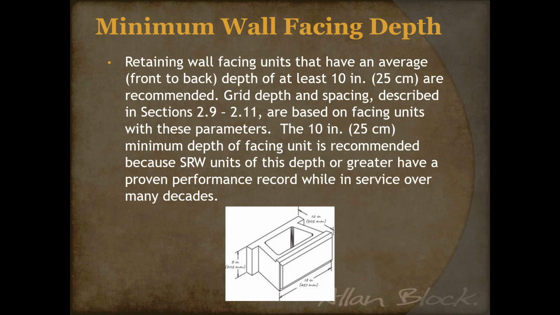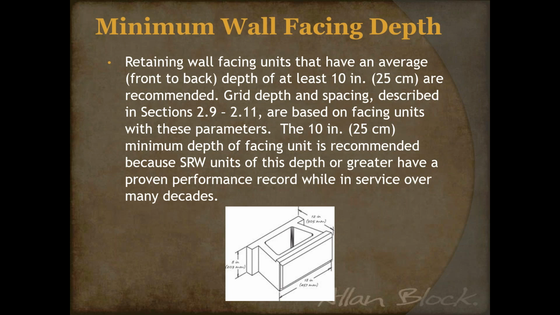Another thing, it comes up less often, but it's good for you to know. All of our best practices, all of our recommendations are based off of a wall block that is at least 10 inches in depth. So you shouldn't have to worry about this if you're using Allan Block because our standard blocks are 12 inches in depth, so everything would apply there. But some of the smaller blocks are sometimes 9 or 10 inches in depth, and there are other competitors that have other systems that are certainly smaller.